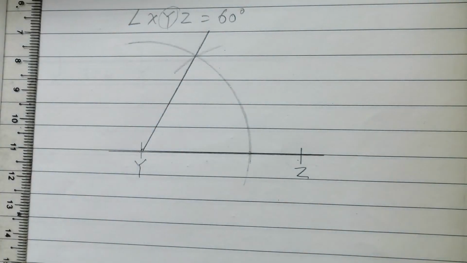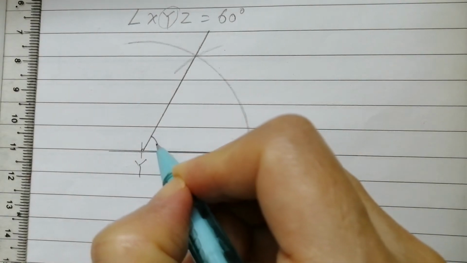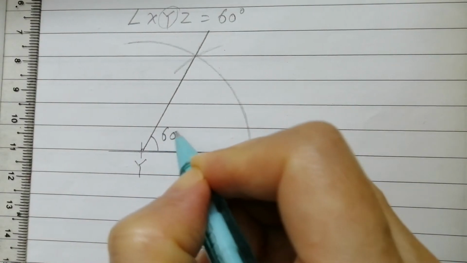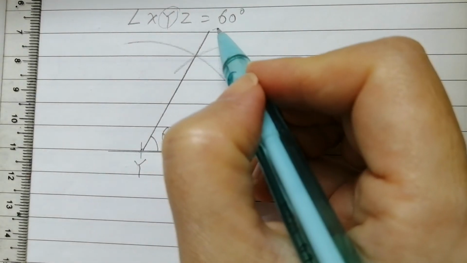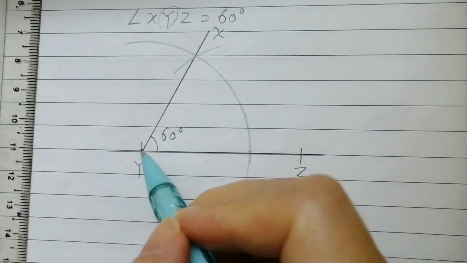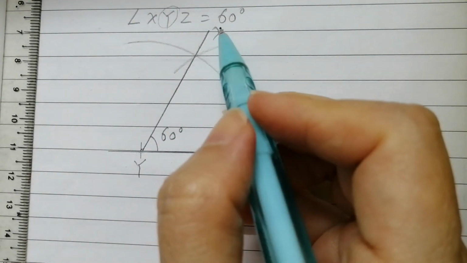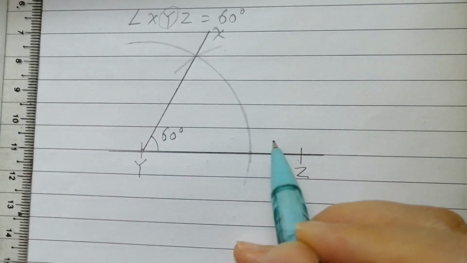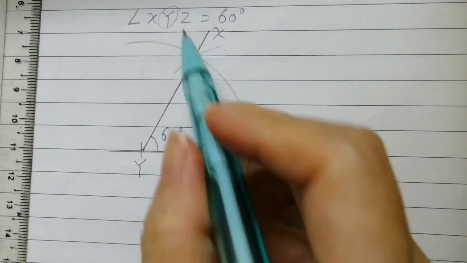So this is angle 60 degrees. I will label this x, y, and z. Angle x, y, z means that the angle is at y.